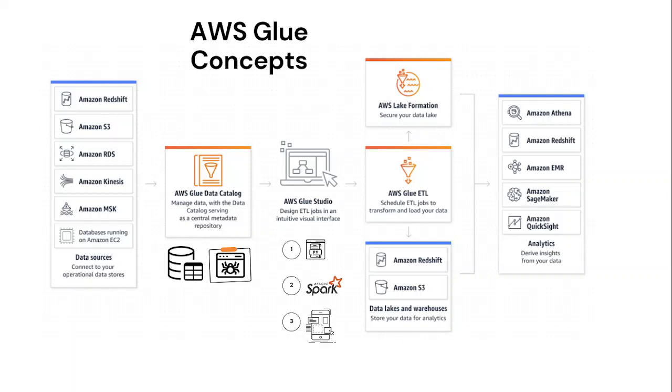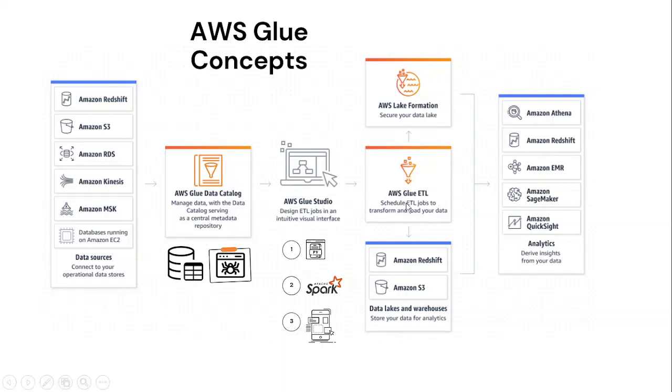So let's understand the AWS Glue concepts in more detail. Here in this image, we see a typical scenario of an ETL pipeline, where on the left side we see various sources, then in between is AWS Glue, where we can do the transformation and load it back to the target data stores.